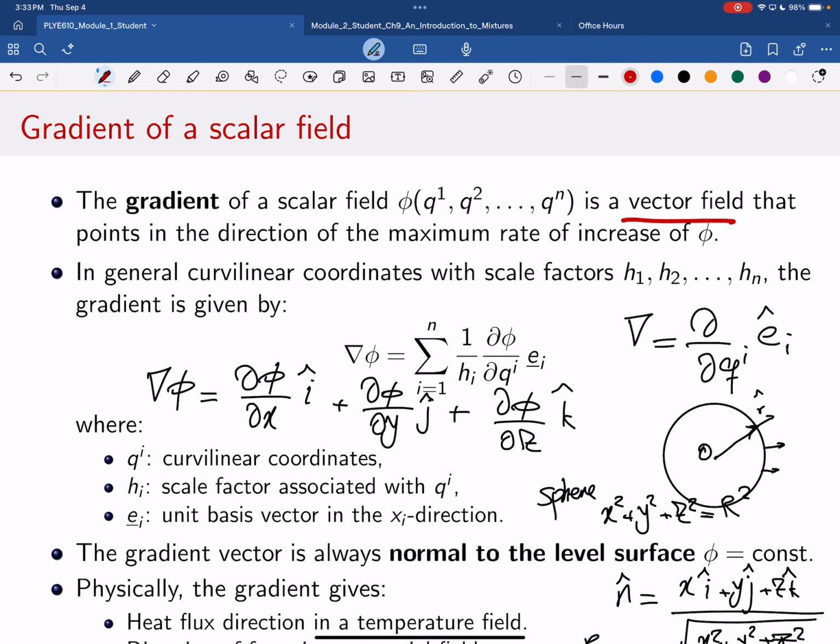Do you recall seeing a quantity like that? Those people working on mechanics or fluid mechanics should have seen something like that. The gradient is applied on a vector.